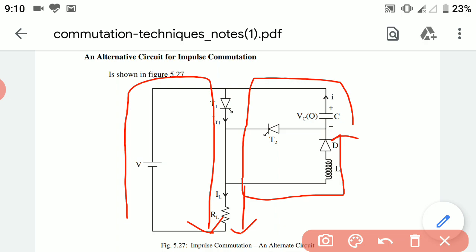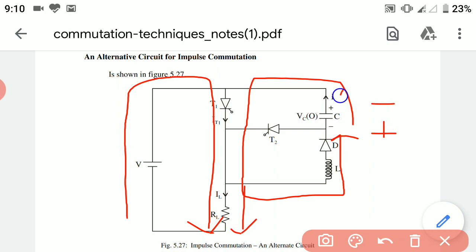Due to this flow of current, the capacitor C polarities now change. As the current is flowing like this, that is from higher potential to lower potential, the upper plate of the capacitor will now be at negative polarity and the lower plate will be at positive polarity.